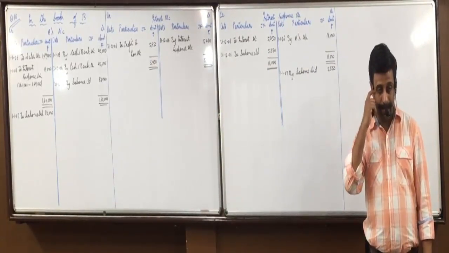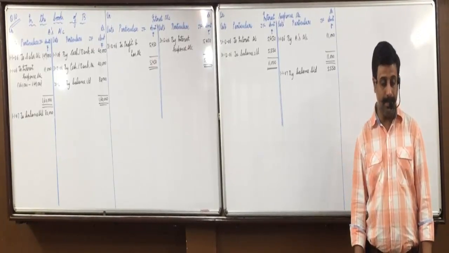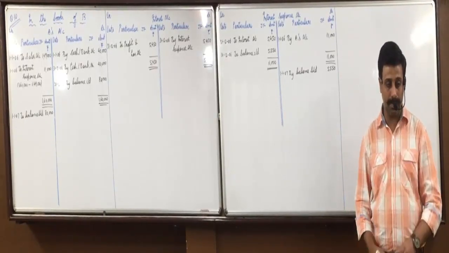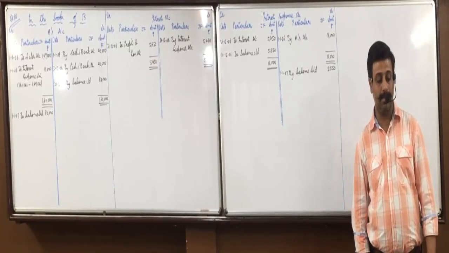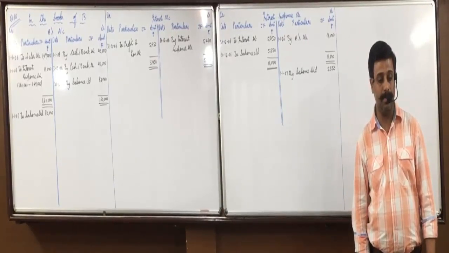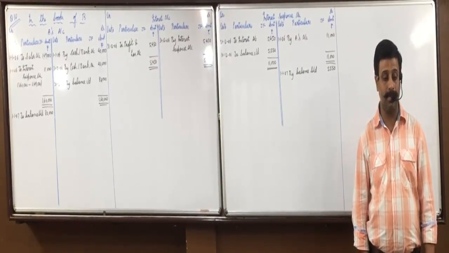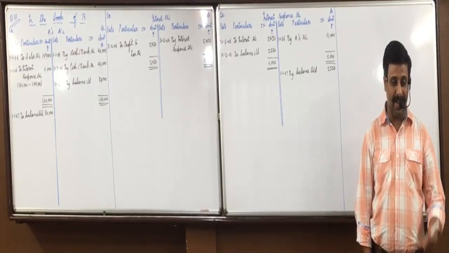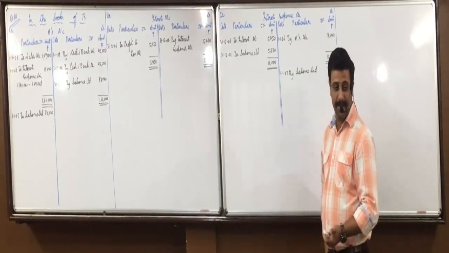What about the amount? 3,723. So difficult to find it. 3,723. How will we do the posting?